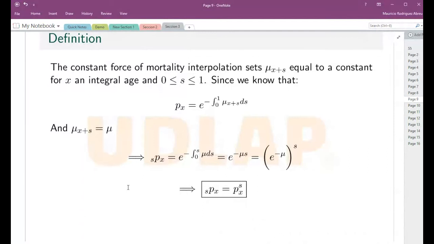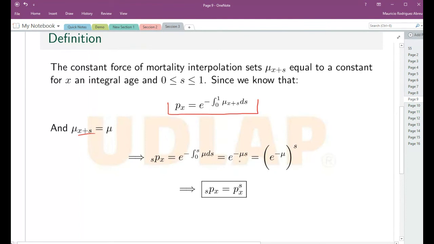The probability of a person surviving 1 year of age is e to the negative value of the integral between 0 and 1 of the force of mortality. If the force of mortality is constant, the probability of a person surviving from age x to age x plus s is the integral of a constant, which is e to the negative power of mu times s.